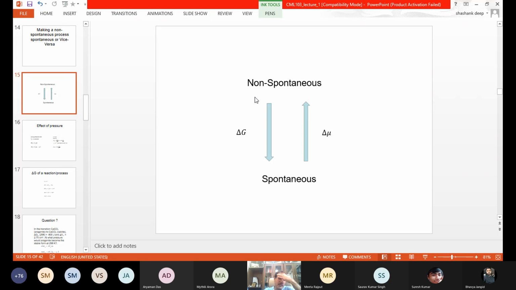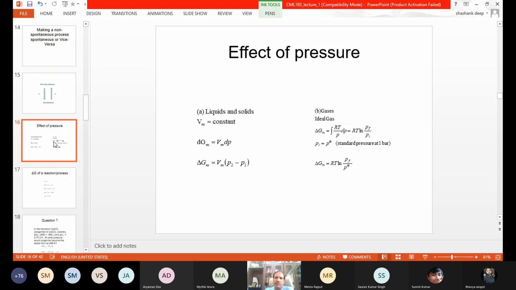If you want to make a process spontaneous, one way we can do it is through the effect of pressure, which I already discussed in the last lecture. If you remember, the equation was dG is equal to VdP. If I calculate delta G by integrating this, assuming Vm is constant, we get delta G equals Vm (P2 minus P1).